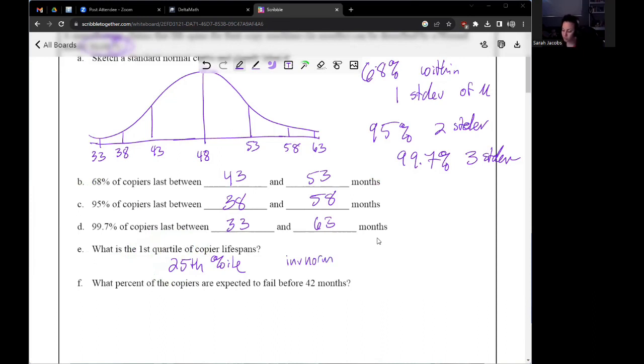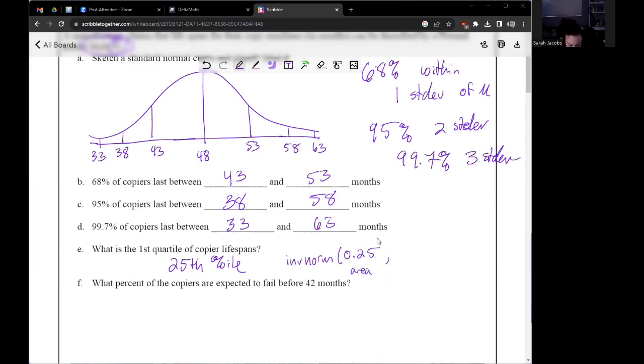This allows us to take that percent and find the spot on the normal curve where the shaded area would be about 25%. So when we plug this into inverse norm, that's right under normal CDF, the area is going to be 0.25. And we want the area to the left, so we just leave it like this.